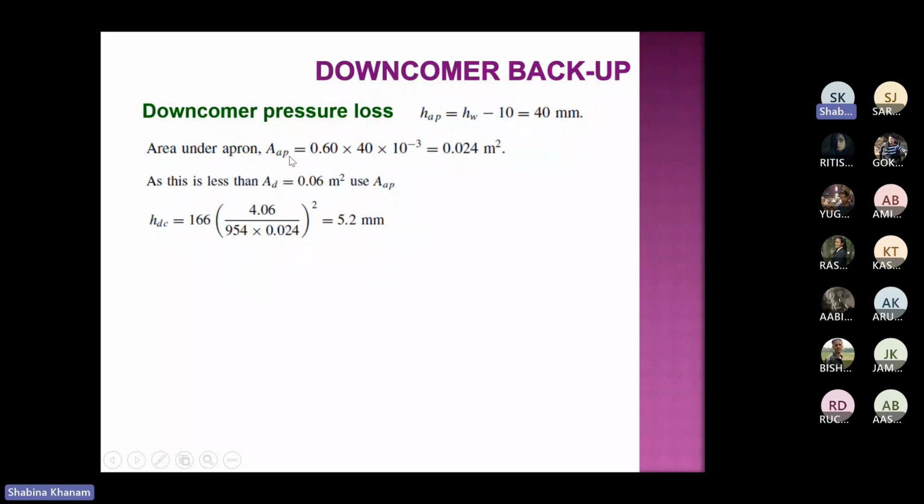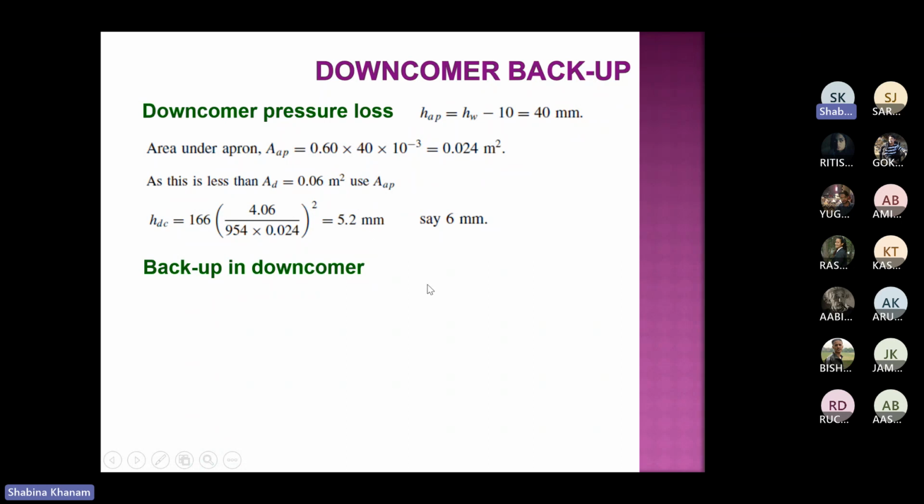Okay, either AAP or AD, we need to consider minimum among these two. So 0.024 we have taken, so we can find out HDC. So in that way we can consider that HDC may be that 6 mm or so.